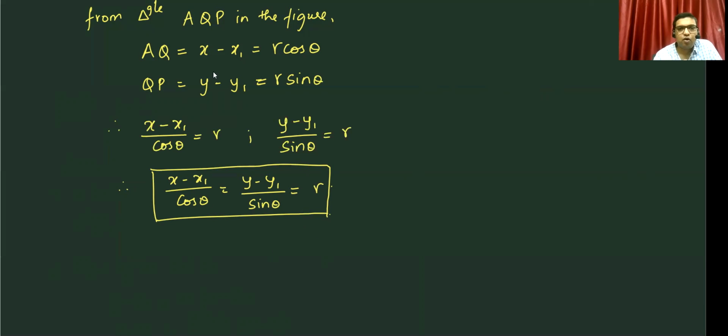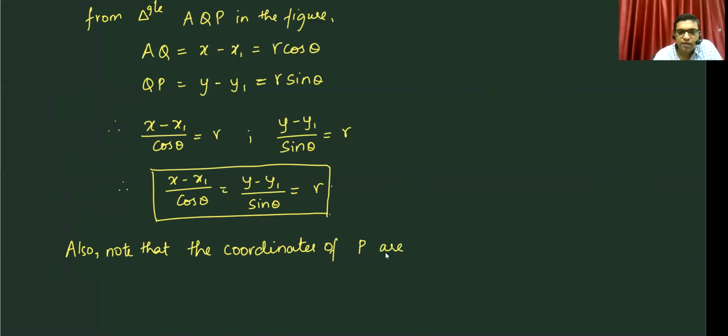Also note the coordinates of P are x comma y, which is equal to, what is x? x1 plus r cos theta.